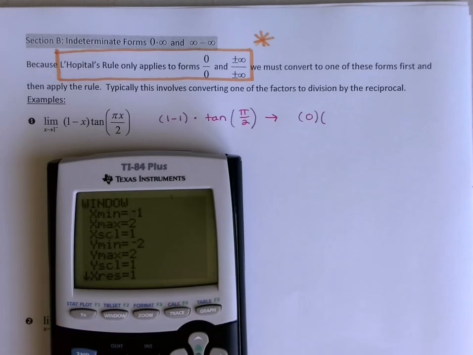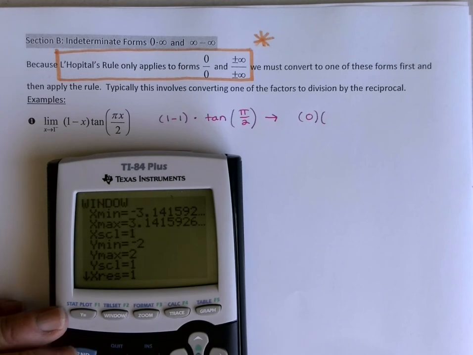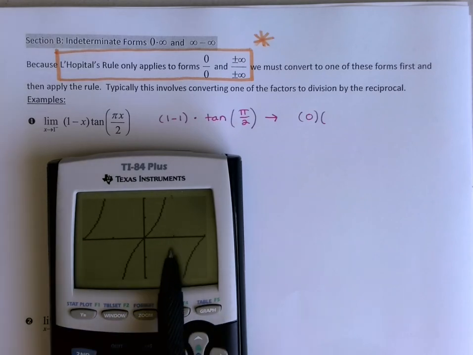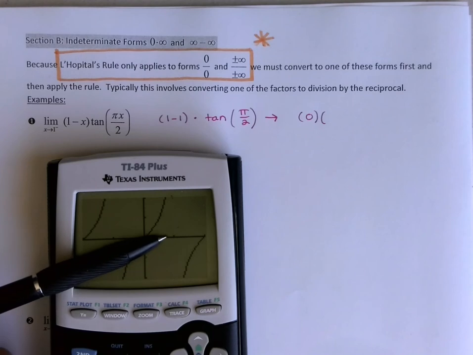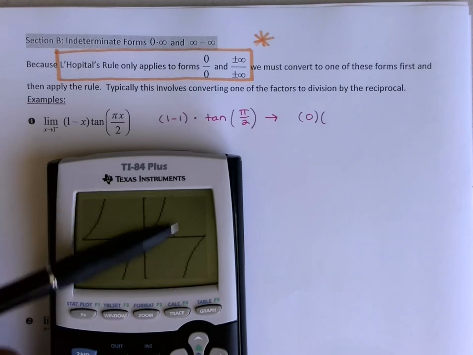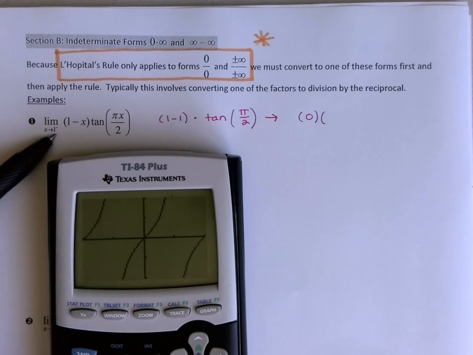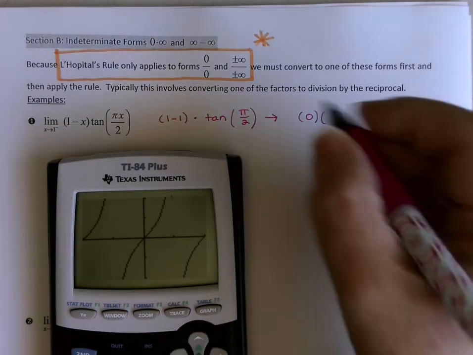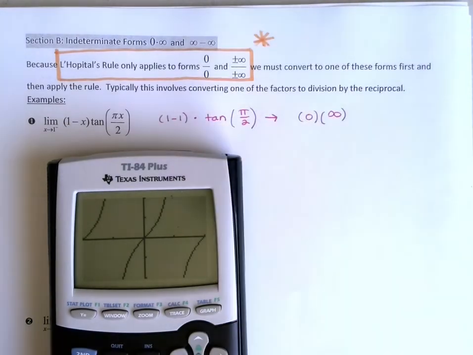I'm going to put my window as negative pi to pi with a scale of pi halves. And what I'm going to have you notice here is the pi halves would be right here, right? And tangent goes to plus or minus infinity right there. That's a vertical asymptote. Now, since my limit is going from the left, I'm going to say tangent goes to positive infinity from the left. So tangent of pi over 2 is infinite.